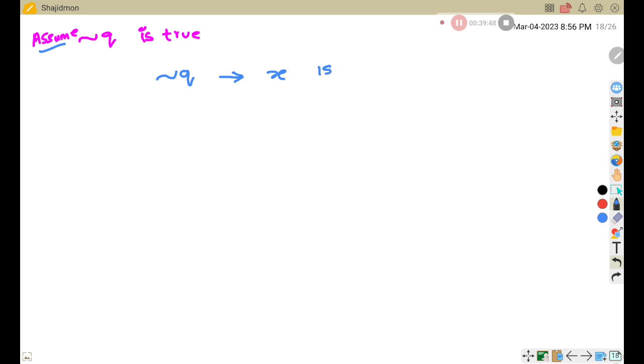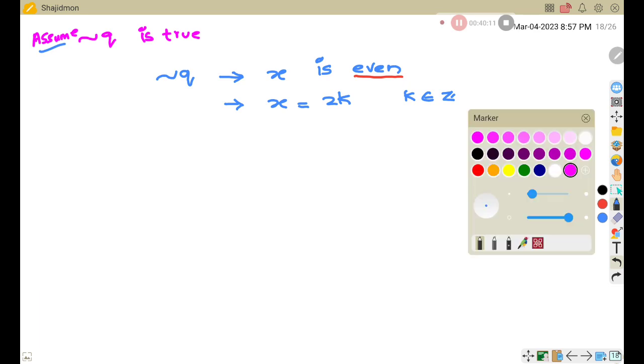An even number we write as x equals 2 multiplied by k for some k belongs to Z, where k is an integer.